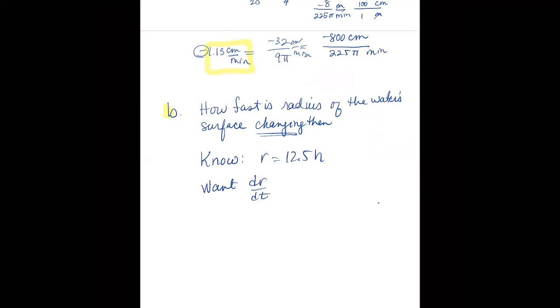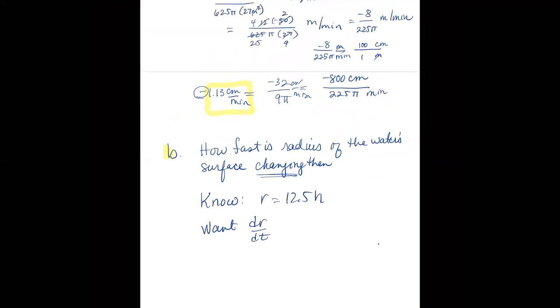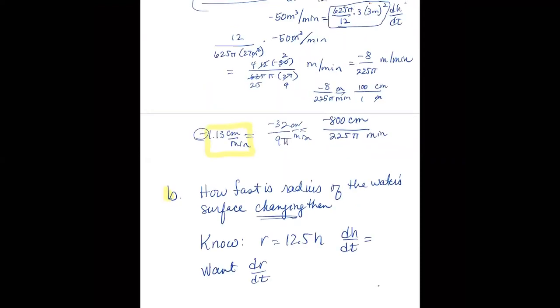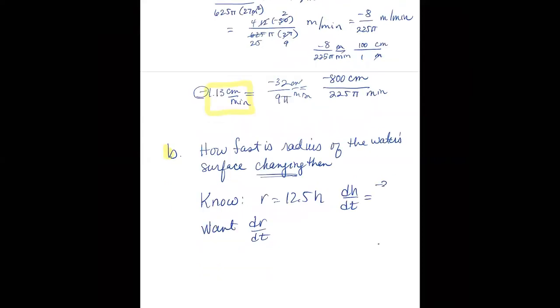And we also know that dH dt was equal to, what was it in exact form? It was negative 32 over 9 pi centimeters per minute.